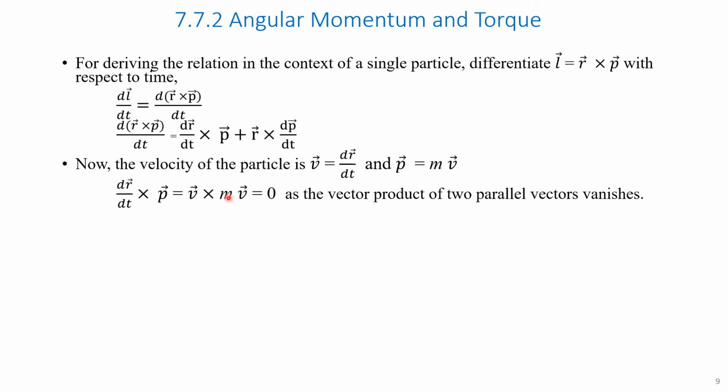Therefore, the first term in this equation becomes 0, as the vector product of two parallel vectors vanishes.